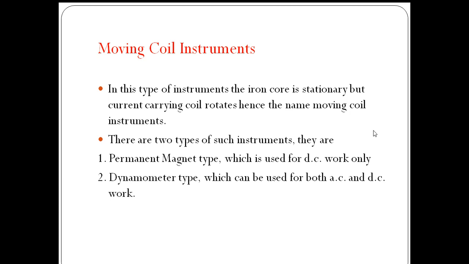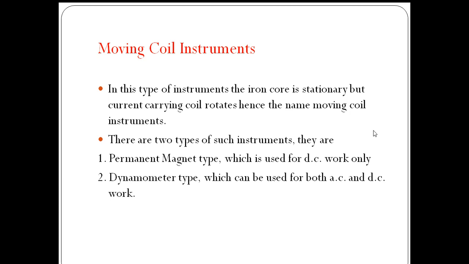In moving coil type instruments, the iron core is stationary, but the current carrying coil rotates. That's why this meter is called a moving coil type instrument.